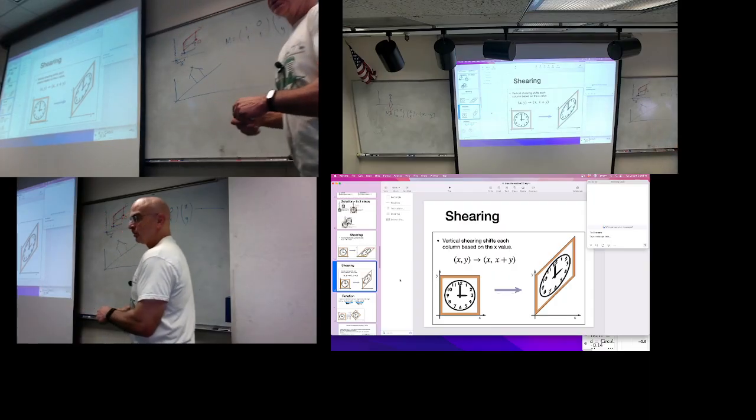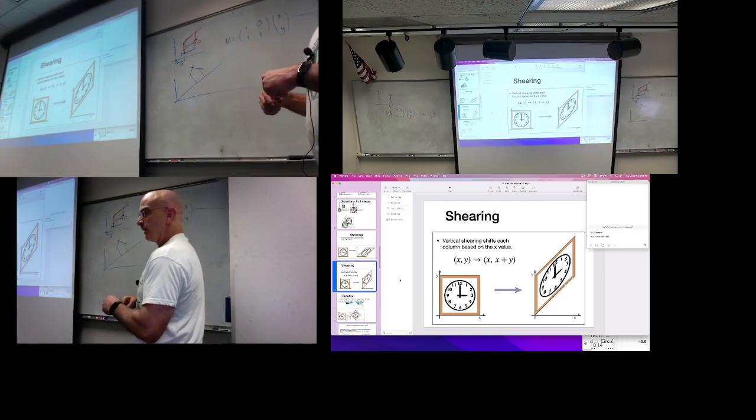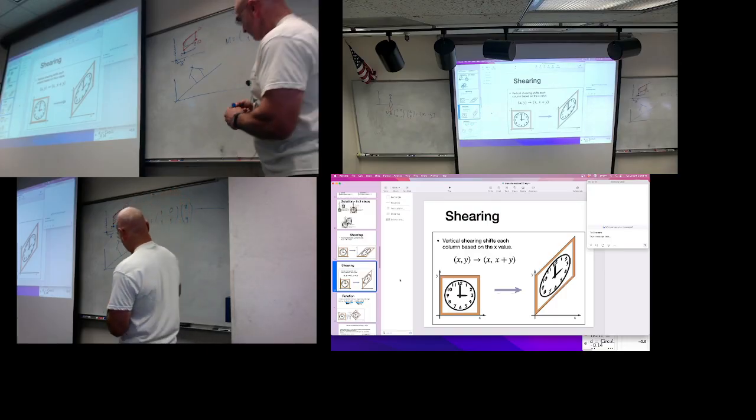Okay, let's go the opposite direction. This time you'll tell me what are the matrices that I want to generate.